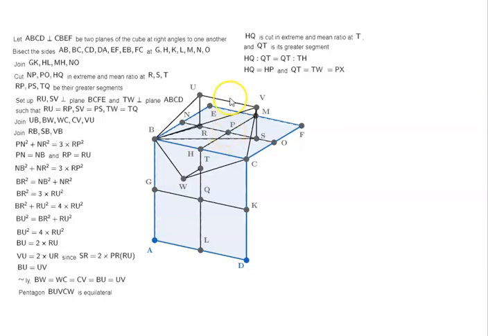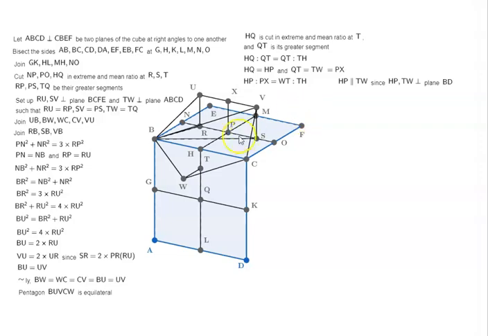So we draw a perpendicular from P to the line segment UV. So TW will also be equal to PX. HP is to PX as WT is to HT. This proportion after substitution becomes this.